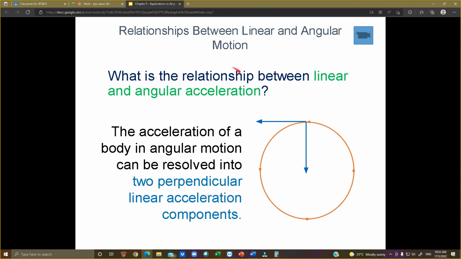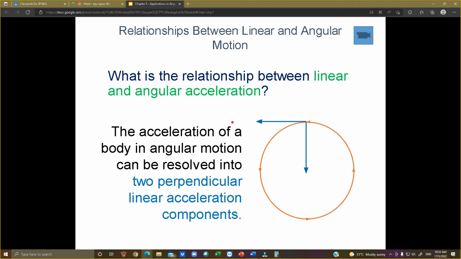Okay, which is acceleration. So in angular acceleration, it involves two linear acceleration, tangent and radial. Kalau tangent banyak, so this curvature dia akan pergi keluar. Means kamu akan dapat lonjong.